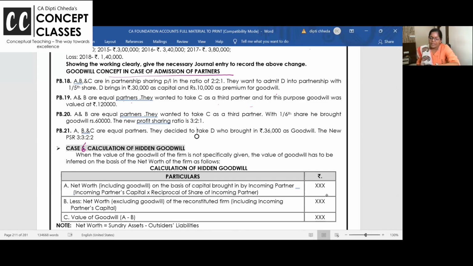C is not even bringing goodwill in cash. So can we say कि old ratio भी equal है, new भी equal है. Third partner आ रहा है. So cash to premium for goodwill का तो सवाल ही नहीं है. तो can we debit his capital account? 120 में 1/3 share.